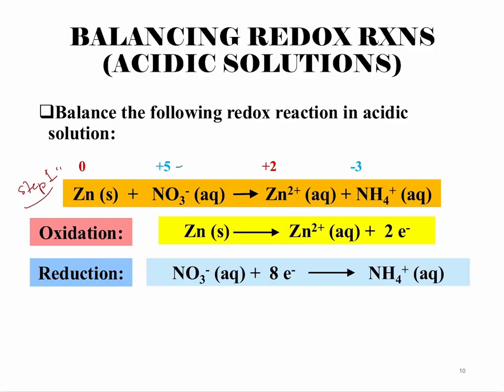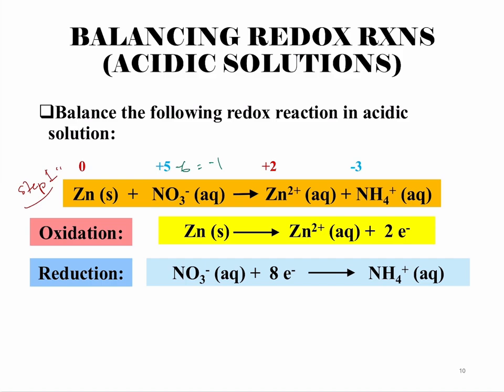It's -6, right? And the overall charge on that molecule is what? -1. So when you add these together, that gives us -1, which is the overall charge on the molecule. So that's why nitrogen here is +5.